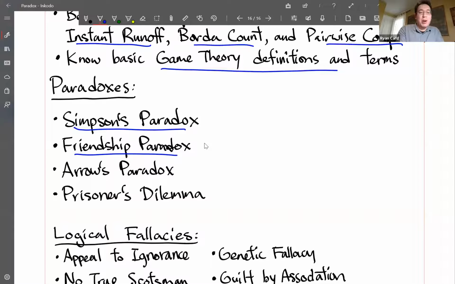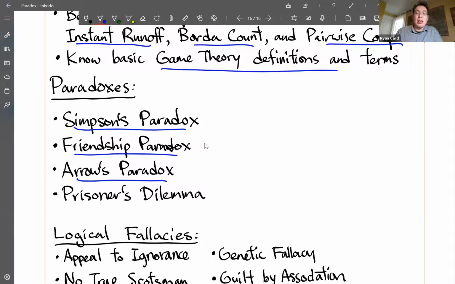So Arrow's paradox is all about a situation where there's no perfect fair election system. Each election system that's mentioned previously sometimes encourages people to lie about their preference to try to make your candidate win.